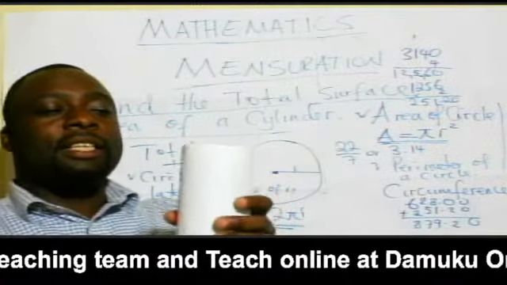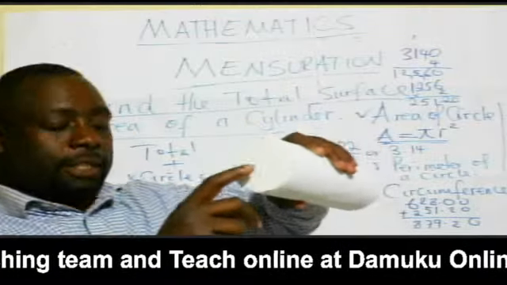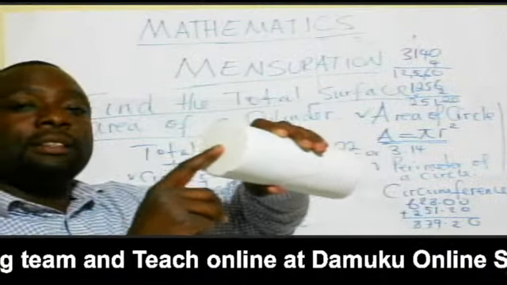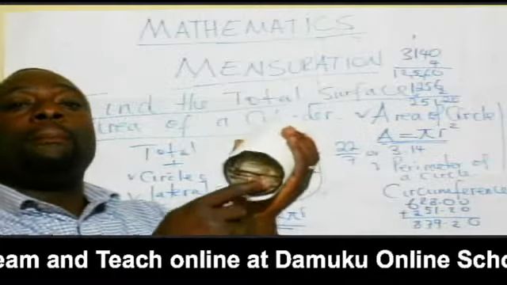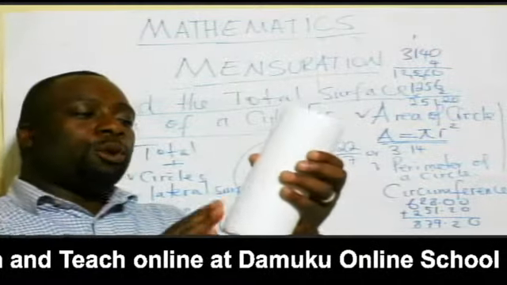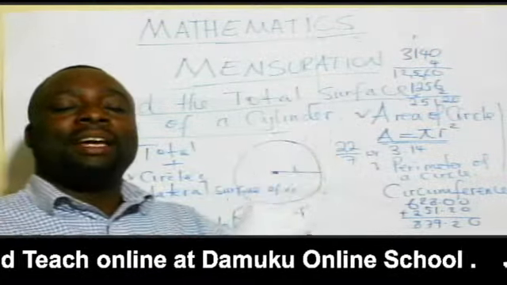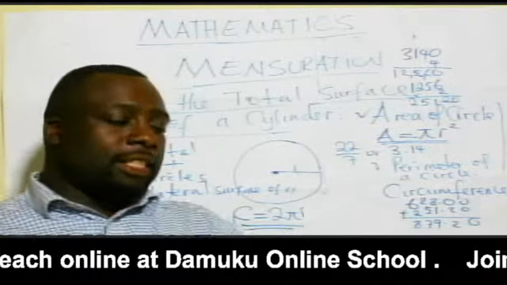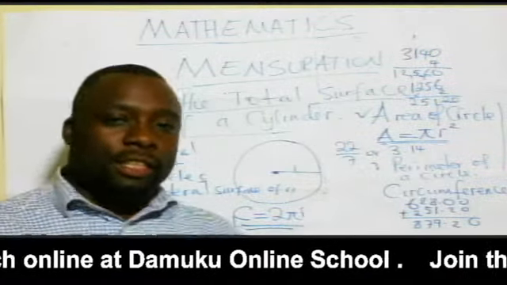Number one, this cylinder has a top part. This is the top part of a cylinder. Then it also has a bottom part. Then it also has what we call the lateral surface. This is the lateral surface of a cylinder.